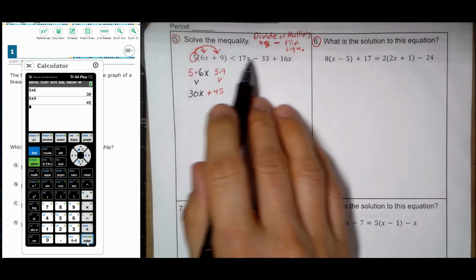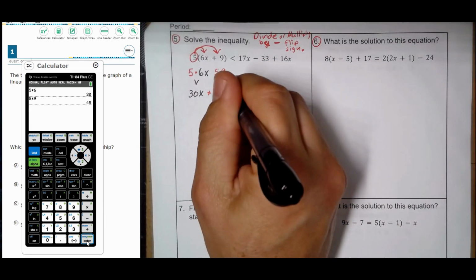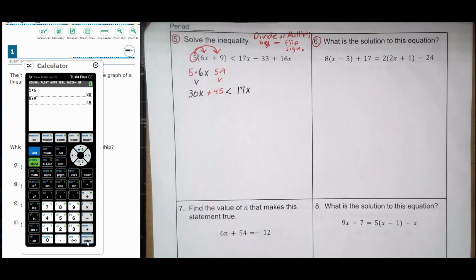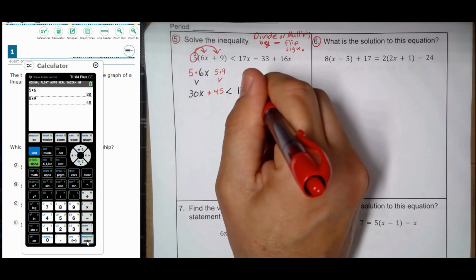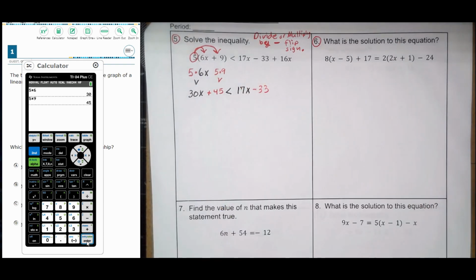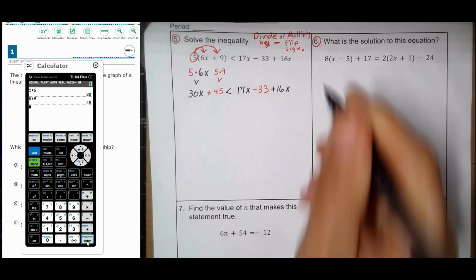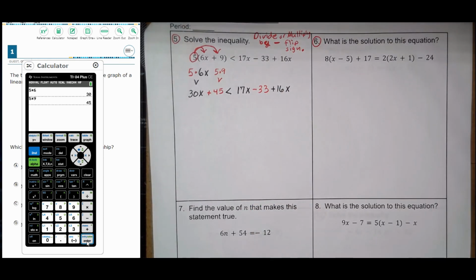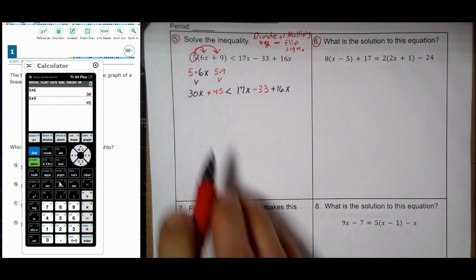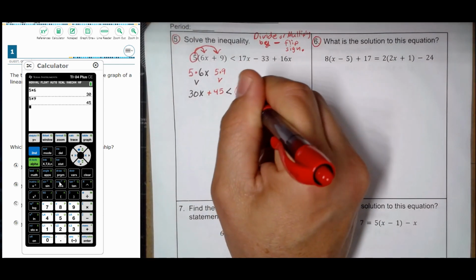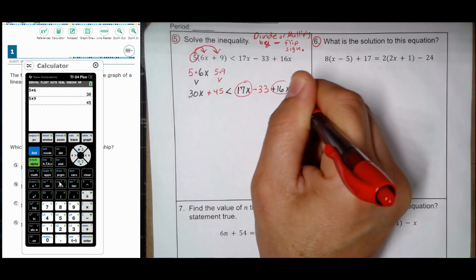Now, there is no distributive property on the right. I'm just going to bring down my inequality symbol and my variables. So I have 17x, that's positive. I have negative 33 as another term. And then I have positive 16x over here. Before I start moving constants to the right and variables to the left, I want to see if there's anything I can combine. I notice that I can combine this 17x with this positive 16x.